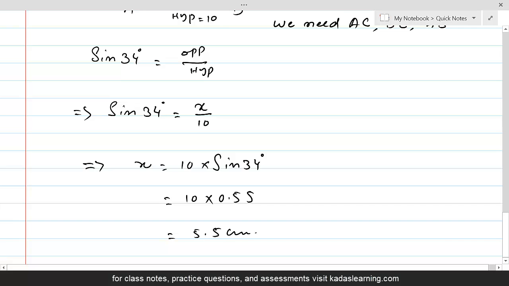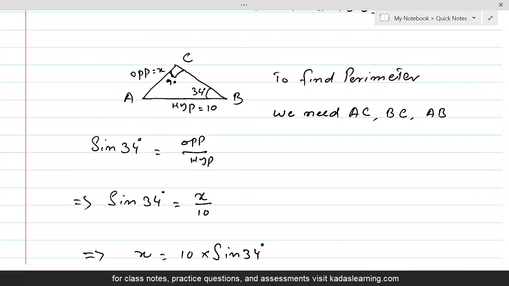But look, if we take a look at angle A, angle A is the complementary angle of angle B, which means that the angle at A must be 90 minus 34 degrees. This will give us an angle of 56 degrees.